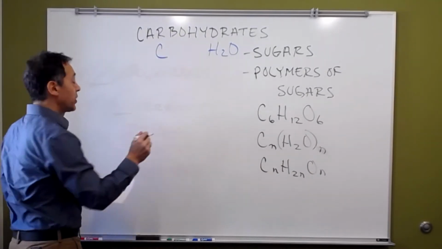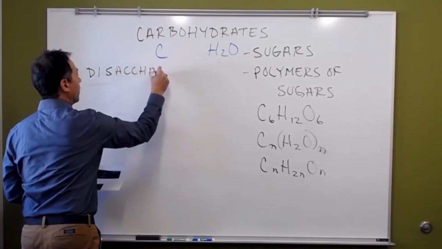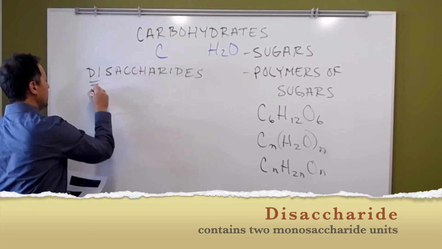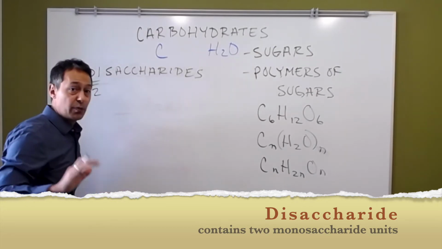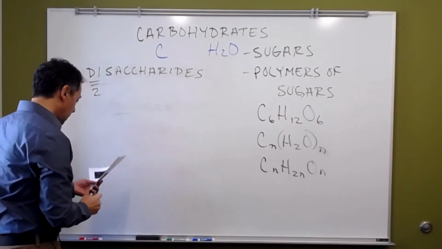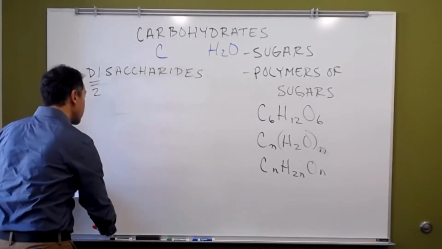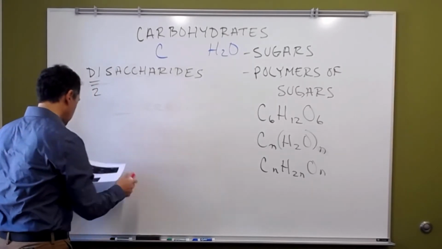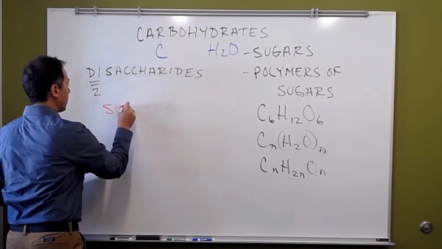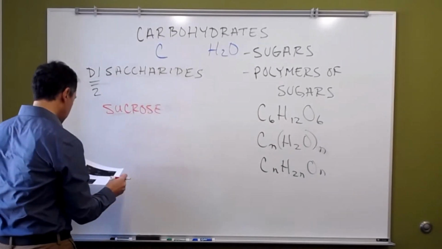Now, disaccharides. Di meaning two, saccharides meaning sugar. So these are two monomers joined together. A couple of examples of this might be sucrose and maltose.